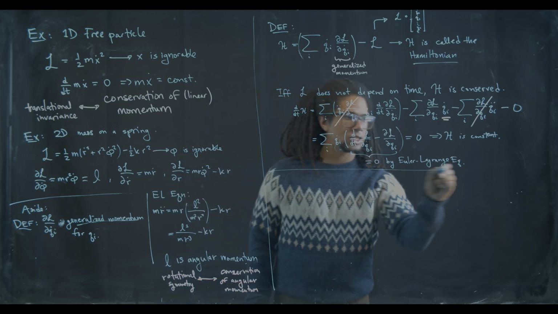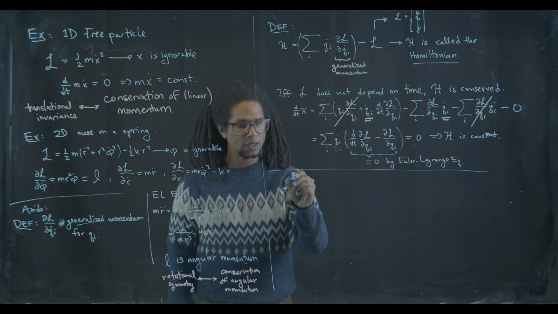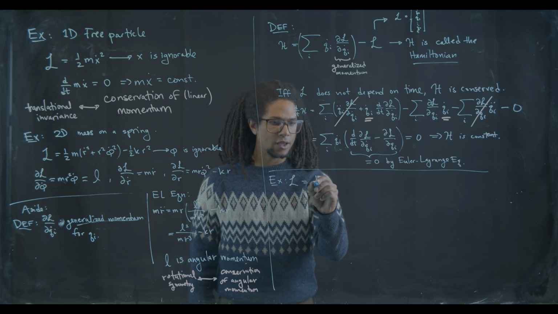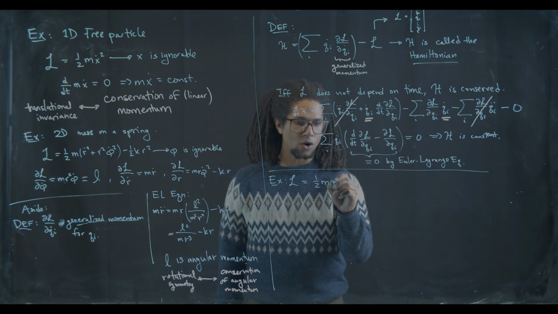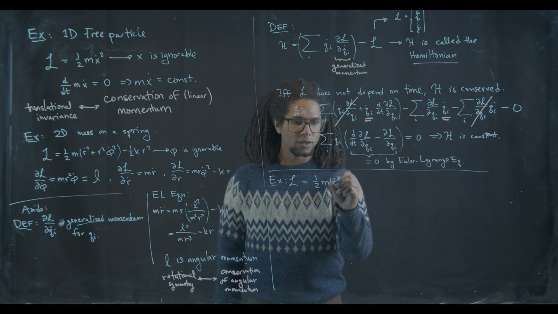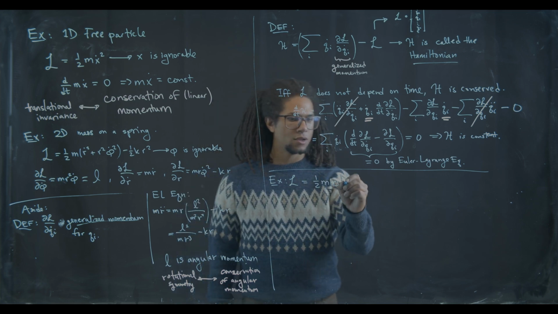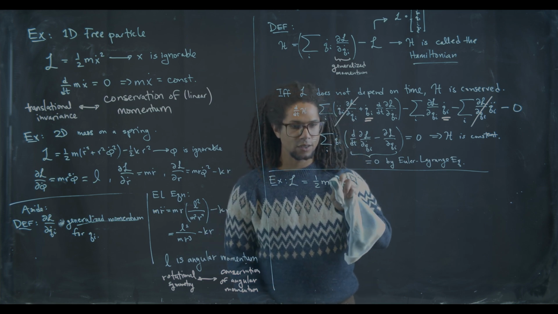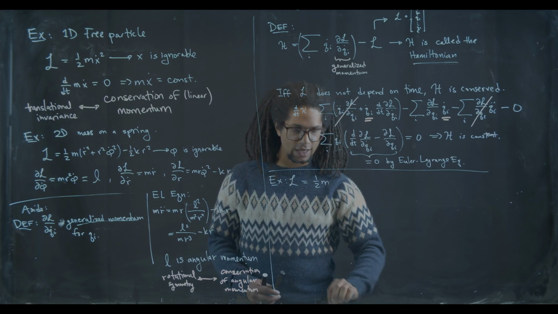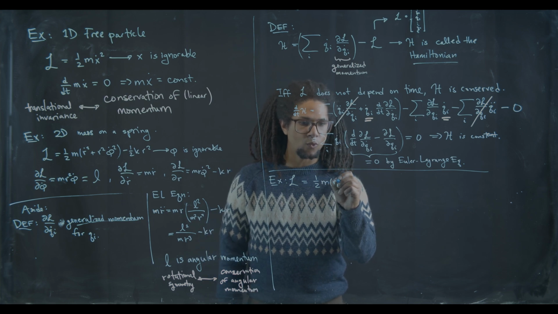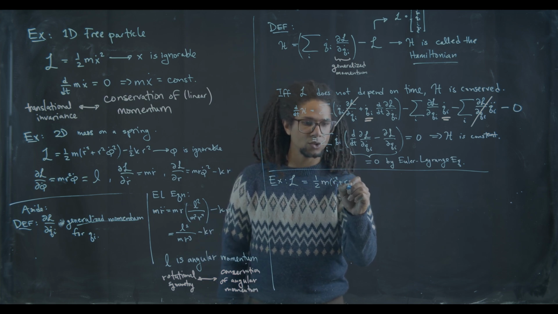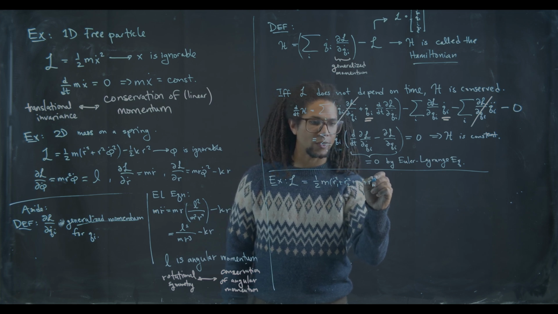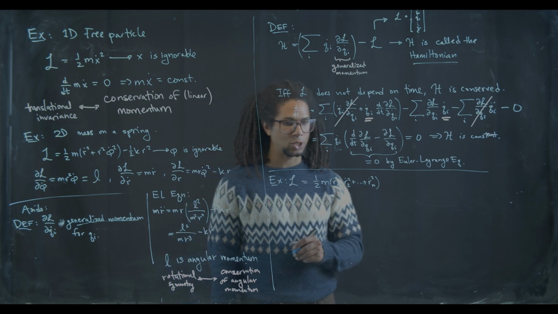Well, let's look at an explicit example. Let L be one half m times r dot squared, and let's just do this in rectangular coordinates, actually. So let's specifically say that this is r1 dot squared plus r2 dot squared plus dot dot dot plus rn dot squared. So this is rectangular coordinates, but in any dimension.